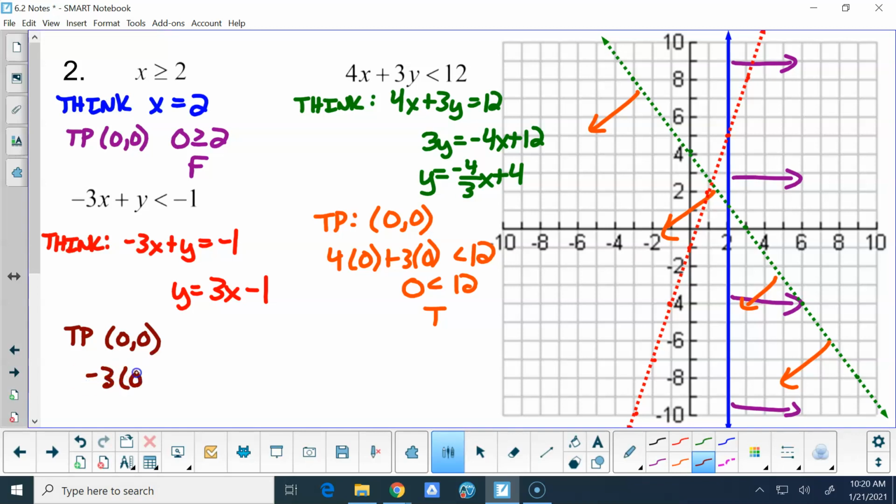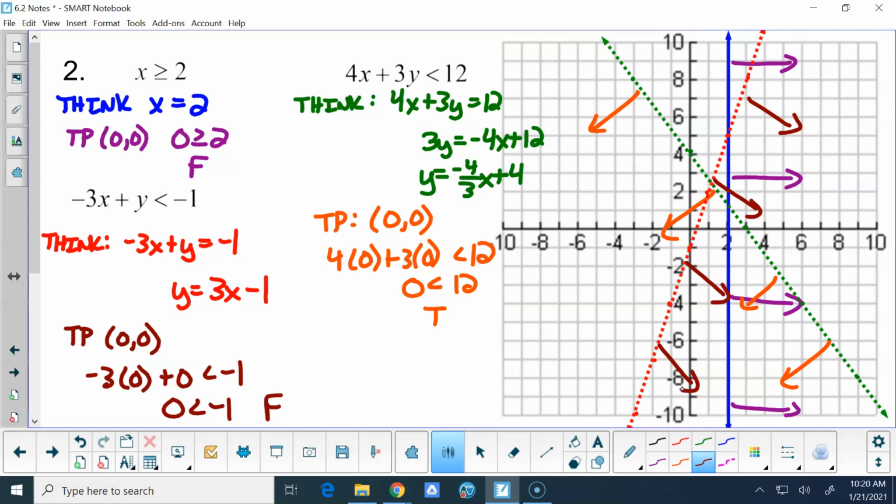Negative 3 times 0 plus 0 less than negative 1. That would be 0 less than negative 1. True or false on that? That's false. So we would shade that side.